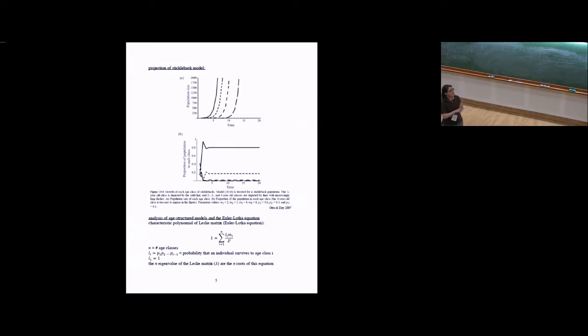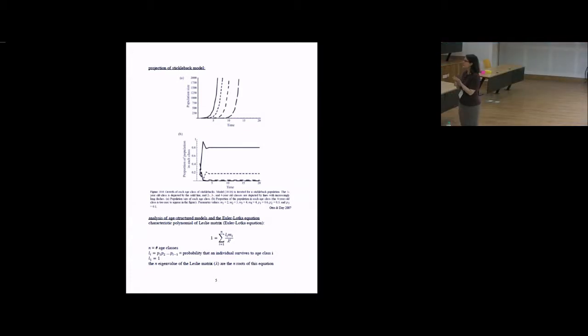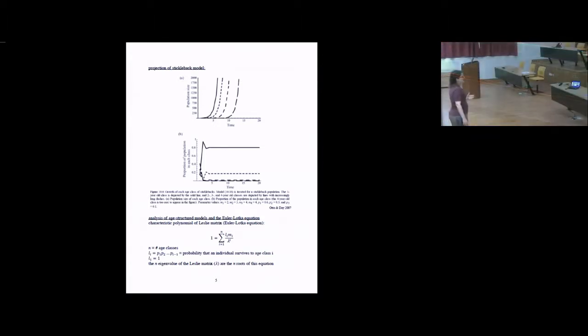I'm interested in two different things. One is just generally life history evolution, where we do these kinds of models. I'm going to show you later a population genetics model where it turns out that the ability of an allele that makes a small change, so we'll do a weak selection kind of model, an allele that makes a small change in some of these entries. And we ask the question, when will that allele increase when rare? And a huge part of that has to do with the sensitivity analysis of the particular life history stage that it changes.